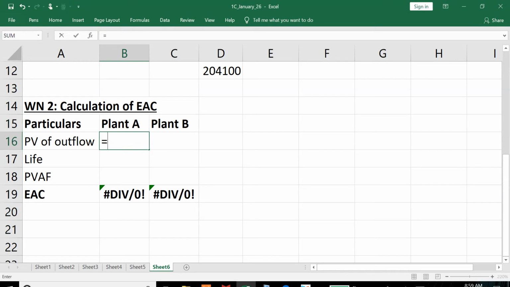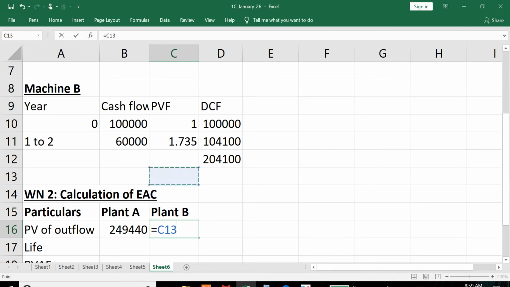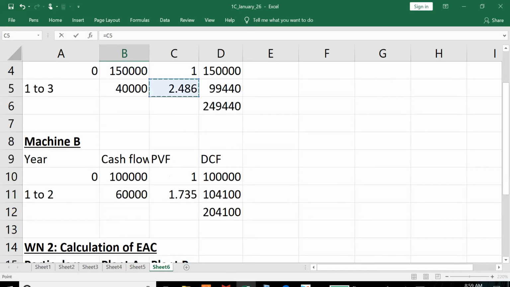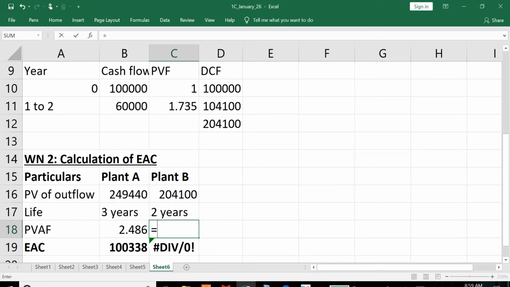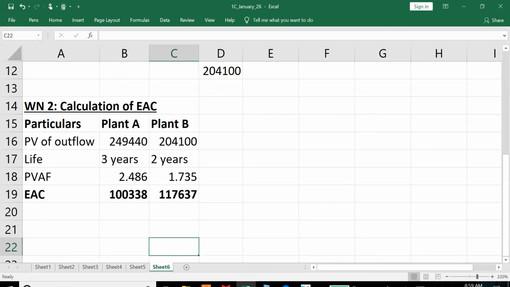The present value of outflow were 249,440 and 204,100. Life is 3 years, 2 years. The 3-year and 2-year factors were 2.486 and 1.735, and based on this we'll finally select plant A.